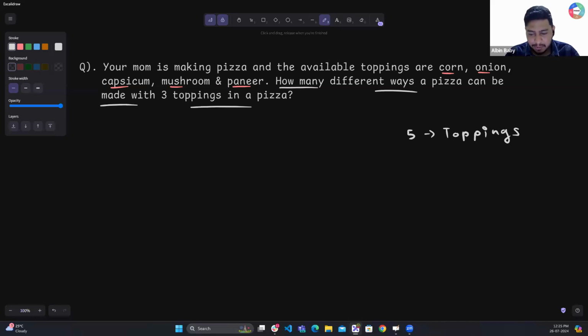Do most of you remember the formula? Yes. This is an important formula related to permutations and combinations, right? Here, if you notice, you have five different toppings, yes or no?